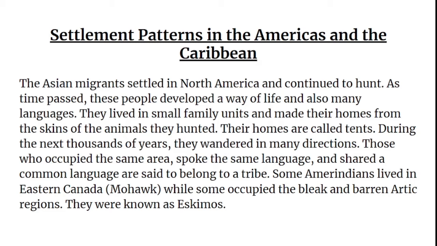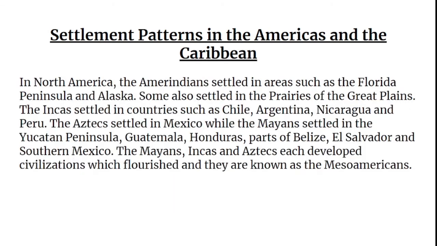Some Americans live in eastern Canada, the Mohawk, while some occupy the bleak and barren Arctic regions. They were known as Eskimos. So some Americans, the ones that live in eastern Canada, are referred to as the Mohawks, and people who occupy the bleak and barren Arctic regions were known as Eskimos.